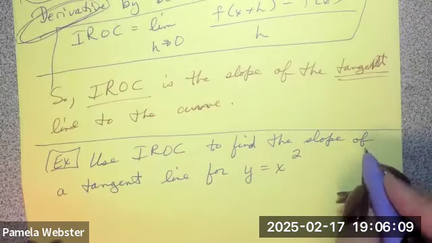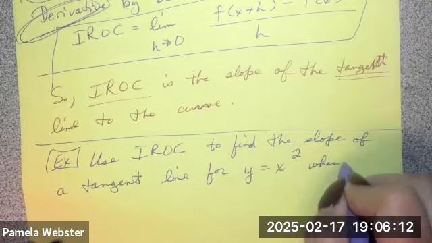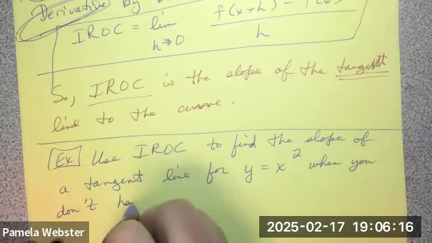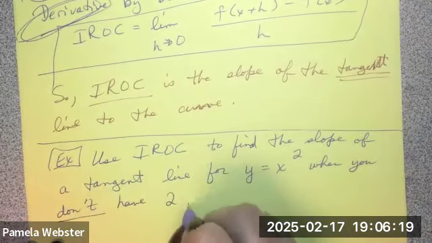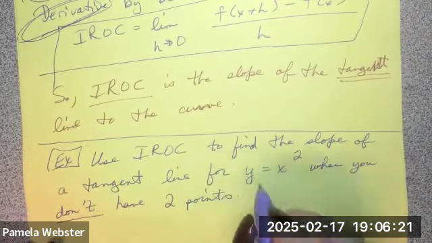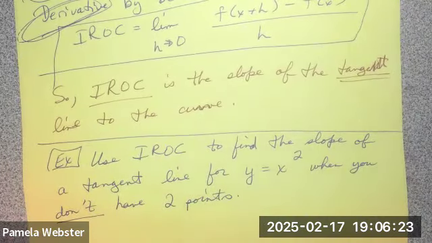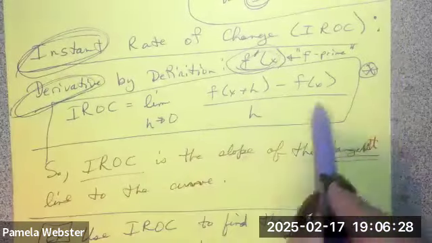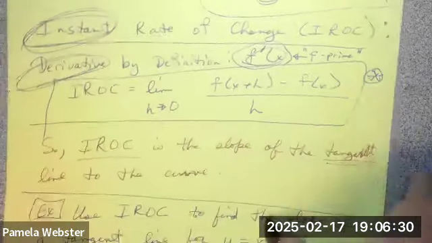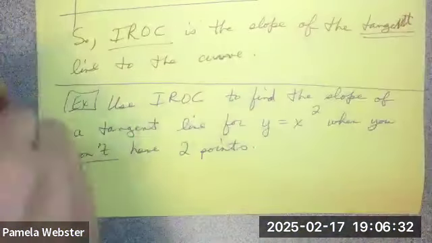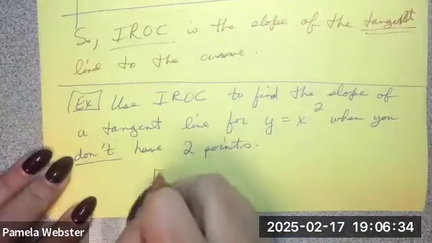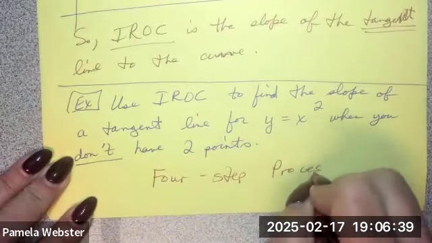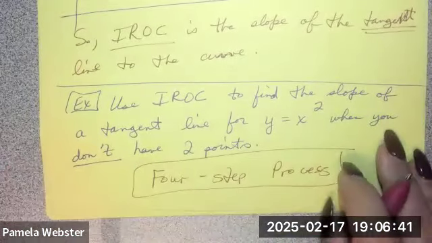When you don't have 2 points, if I don't have any points, that means I have to stay very generic. So we are going to use this formula right here, and we're going to do what's called a 4-step process. This is what you're going to see as you go through your homework.